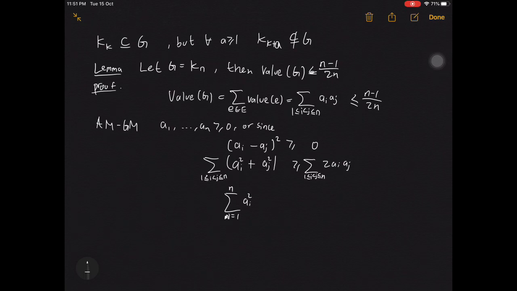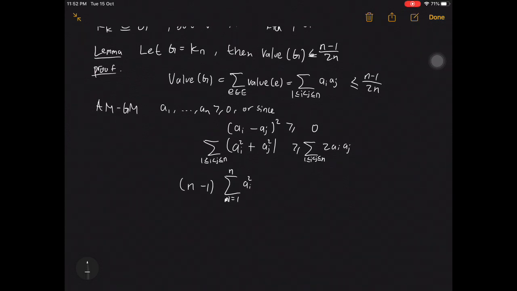We see that for every i from 1 to n, ai squared actually occurs n minus 1 times in the left hand side. So we might write the left hand side expression this way. And for the right hand side, it stays the same. We just drag the 2 outside.